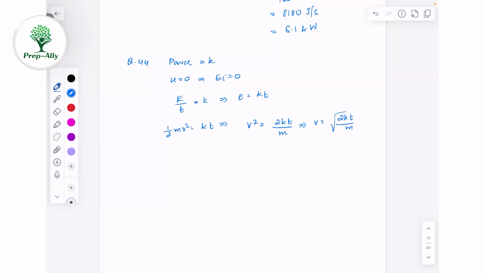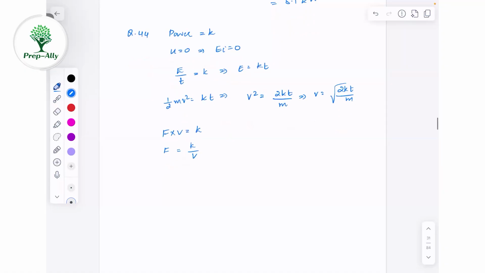But then power is force into velocity, and the question asks us to find the force, which is k by velocity. So force is going to be k by under root 2kt by m, which is going to be under root mk by 2t.